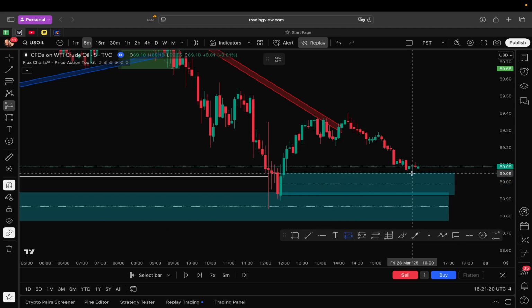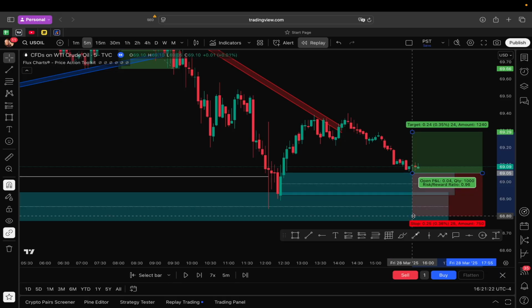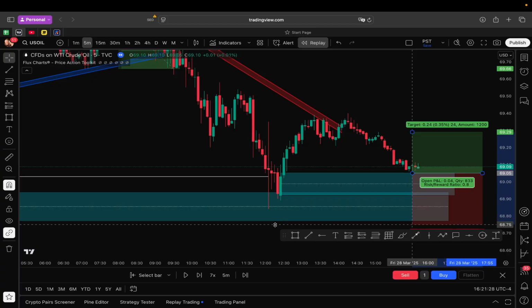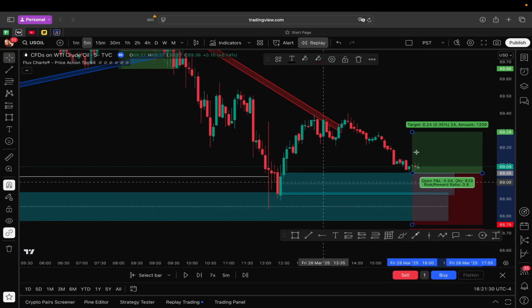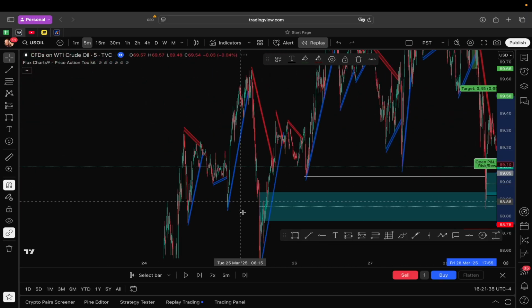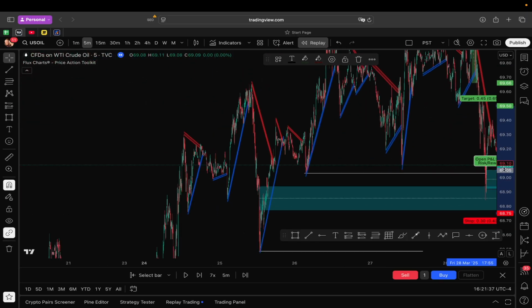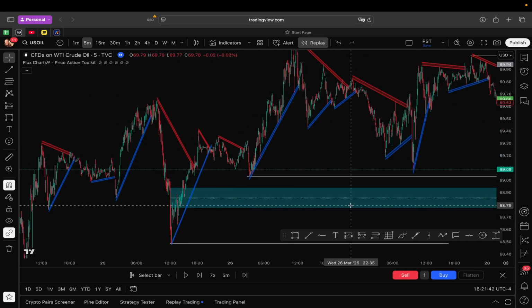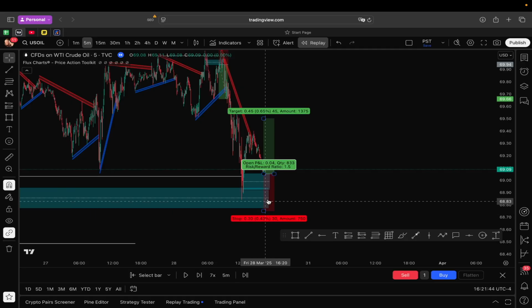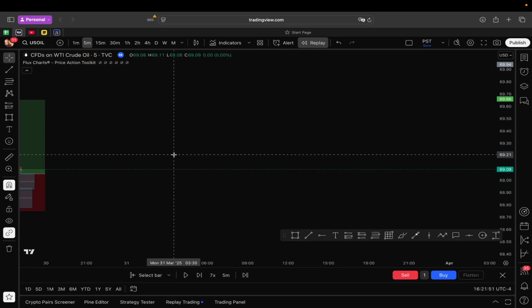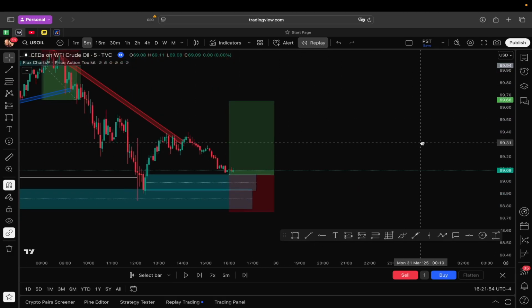You can take your trade and you can put your stops either below this low, or if you want to be safe, you can put it right below this order block right over here where these lows are resting. That low is just a little bit far. So let's just put it right over here and we can target a 1 or 2 risk to reward trade. And let's see how this plays out.